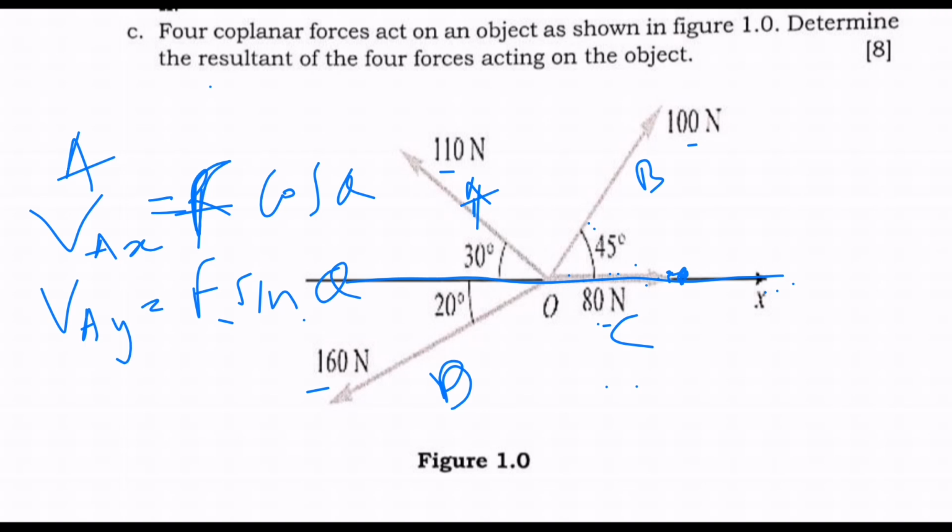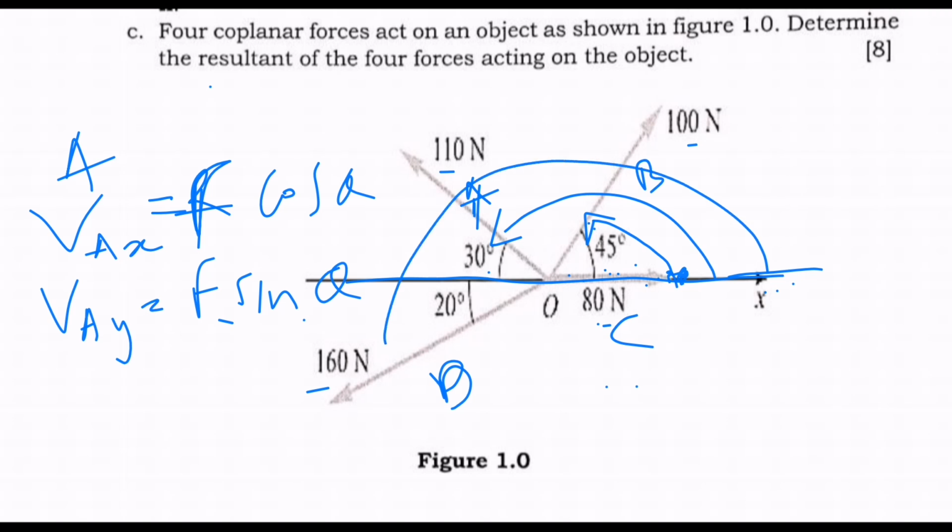The angle we use here is from x until it touches this line, so it is 45. What about the other one, at the set degrees? The angle we are going to use is this. What about 120? The angle we are going to use is this.